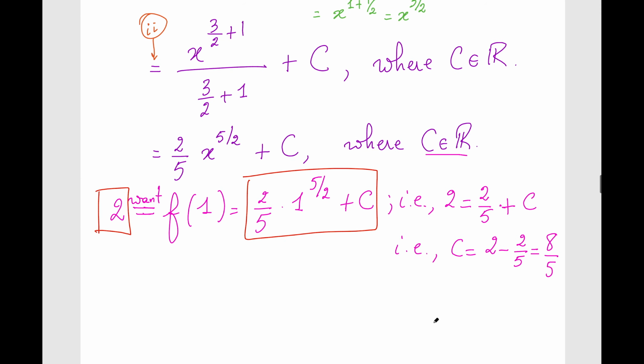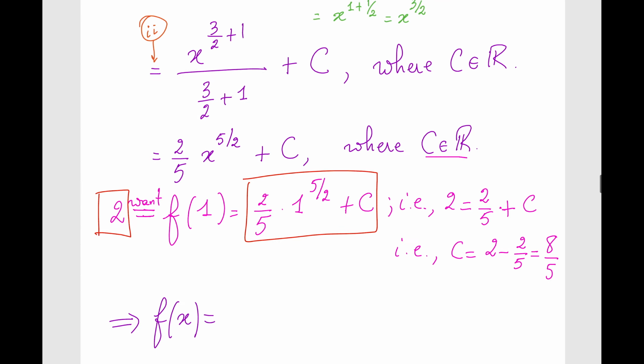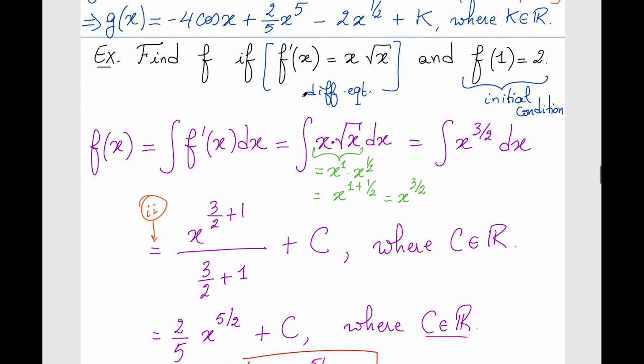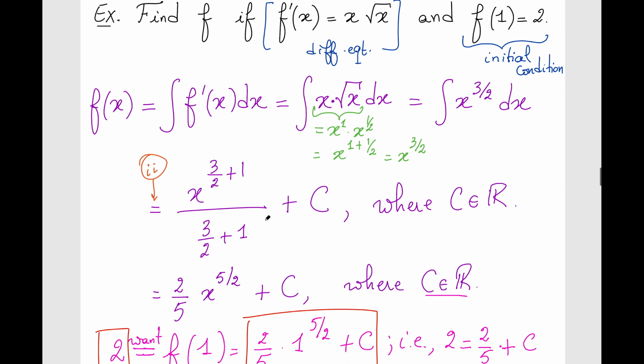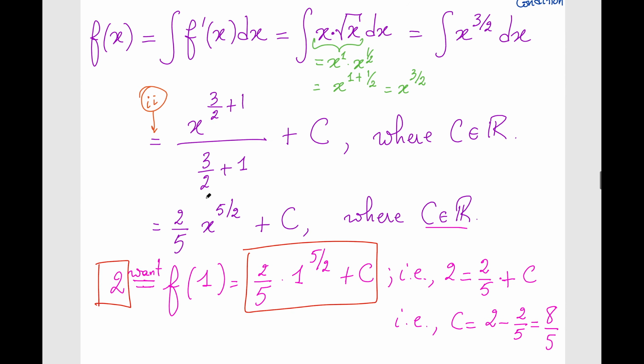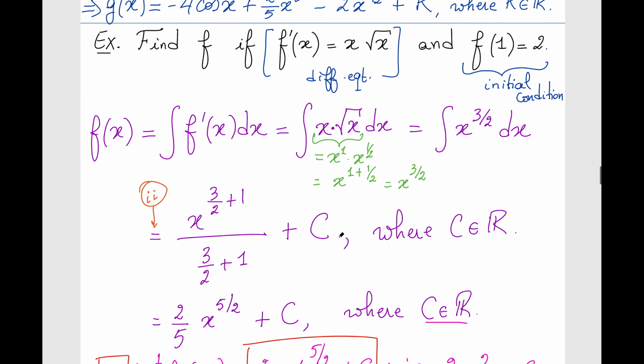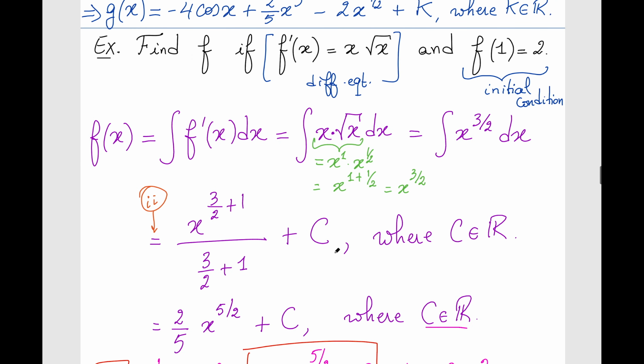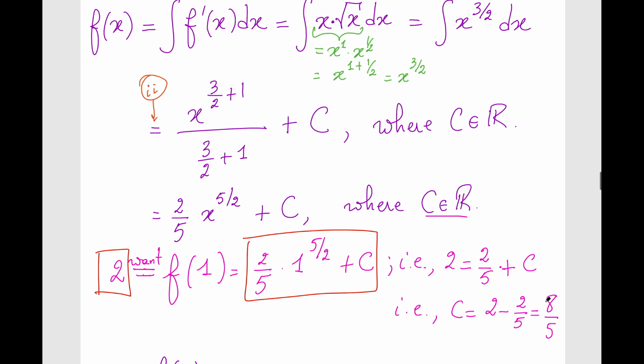So, long story short, what's the function that answers the question? The question is, among those which solve the differential equation, among all of these, for all c, choose the one that also solves the initial condition. It turns out that c should be 8 over 5.